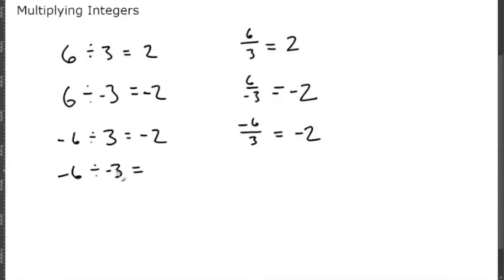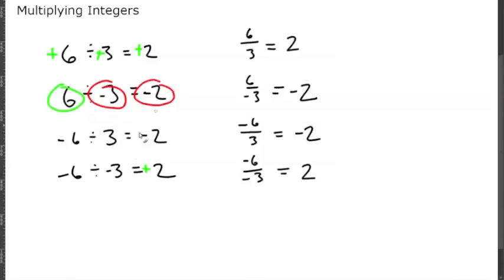A negative divided by a negative, both are the same sign, so that's going to give us a positive 2. So a negative 6 over a negative 3 gives us a positive 2. So again, when the dividends have the same sign, the answer is positive. When the dividends have opposite signs, like here's a positive and here's a negative, the answer is going to be negative.